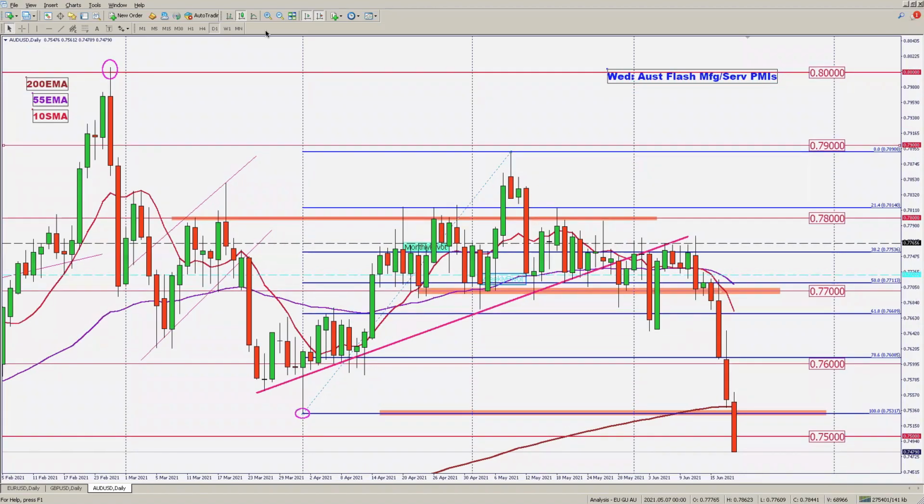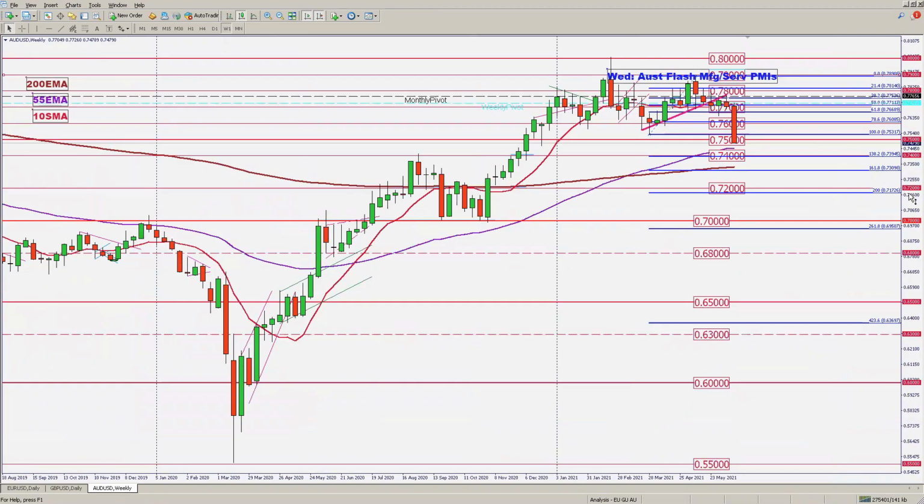All right, let's also take a look at the weekly time frame, and it's approaching the weekly 55 EMA at the 74.45 area, and the 138 fib is below that, and if it dips even further, the 162 fib extension is at 0.7310 area.